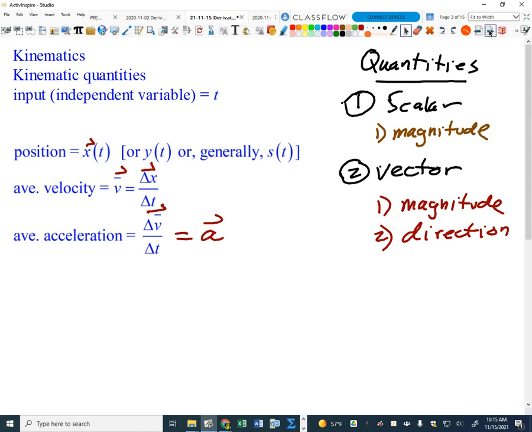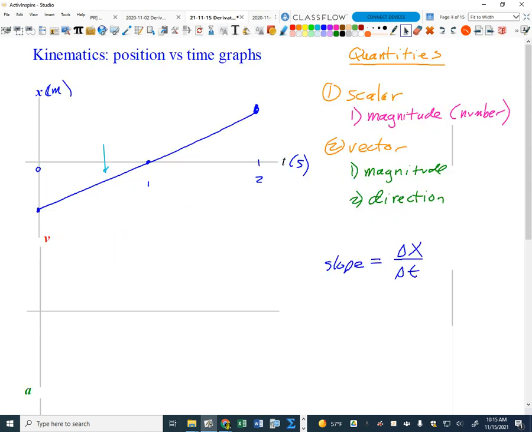What do you think? Okay, everybody agree with that? Right? If I look over this interval here, if I were to calculate my change in position over change in time, we're getting velocity equals delta x over delta t.